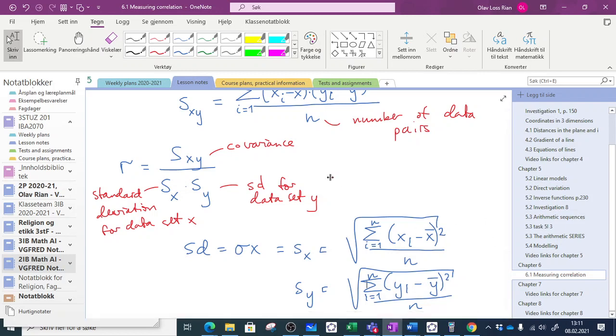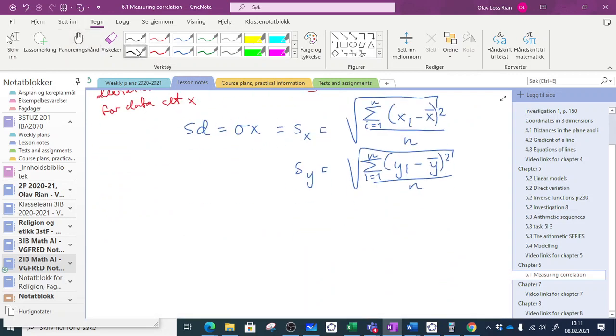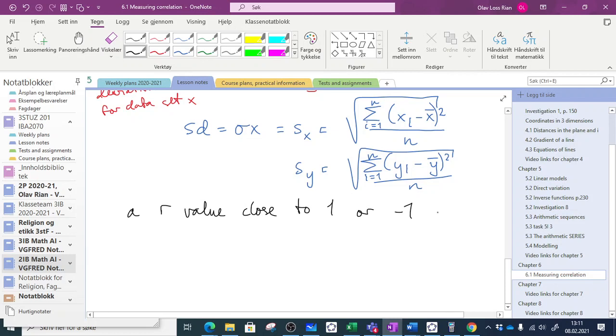But it's very important that we always look at this: an R value close to 1 or -1 does not automatically mean that you have a strong correlation.